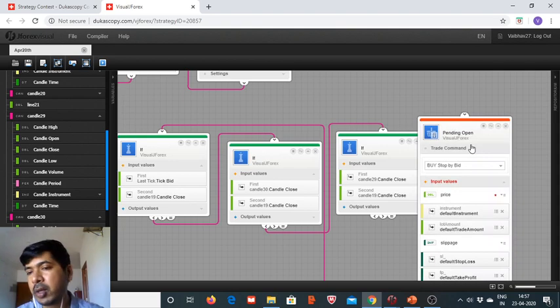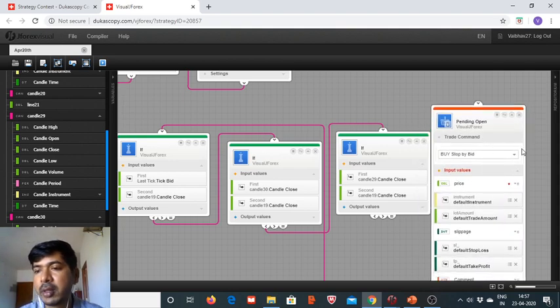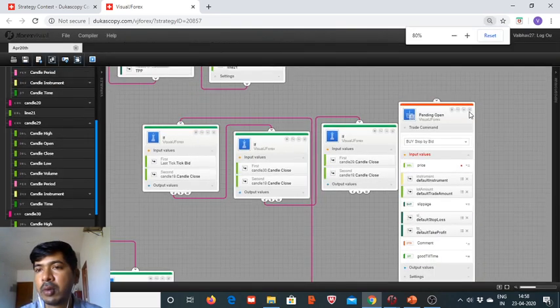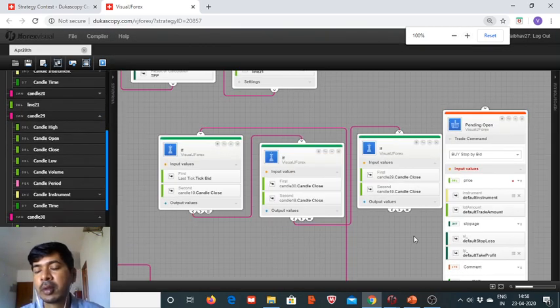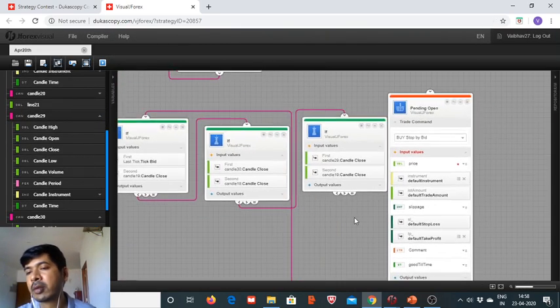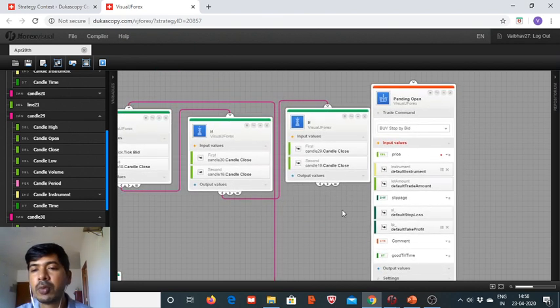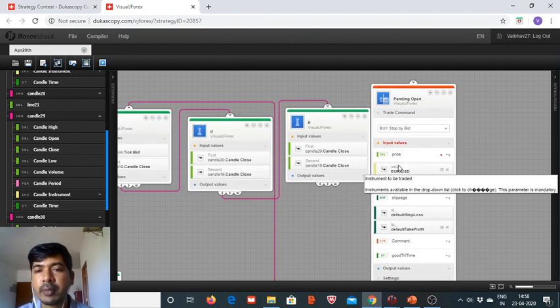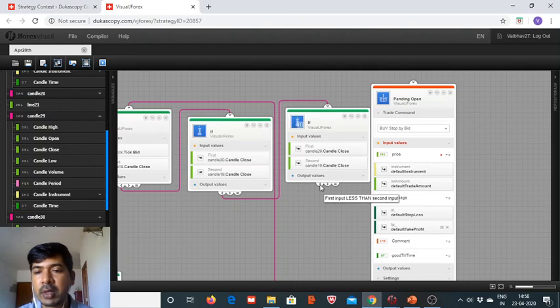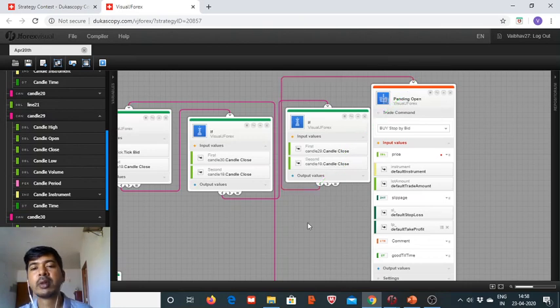We will be putting the order on the upper side than the price action, so for that we will need to make some changes here, and first thing first, we connect this. Input is less than the second input.